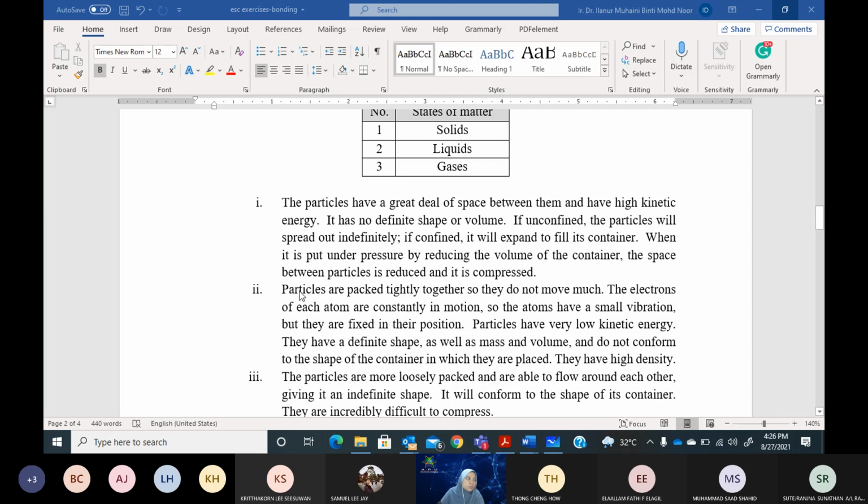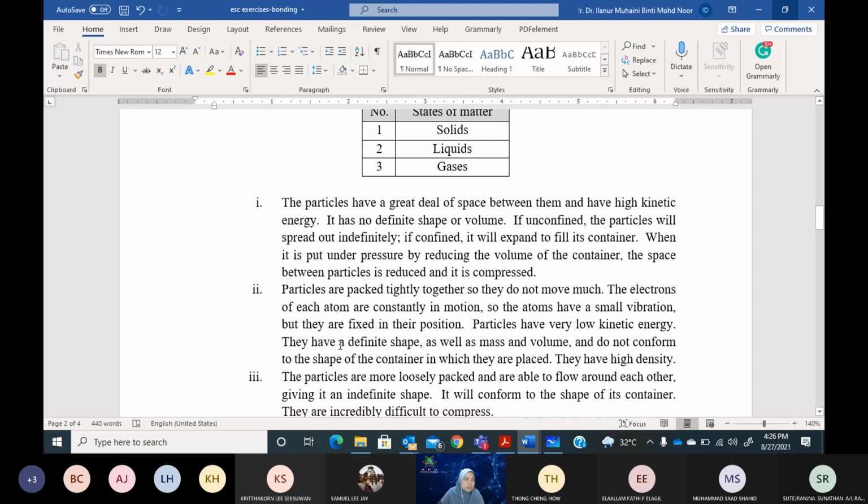Now you look at number 2. Particles are packed tightly together, so they do not move much. Electrons of each atom are constantly in motion, so the atom has small vibration but they are fixed in their position. Particles have very low kinetic energy. They have definite shape.